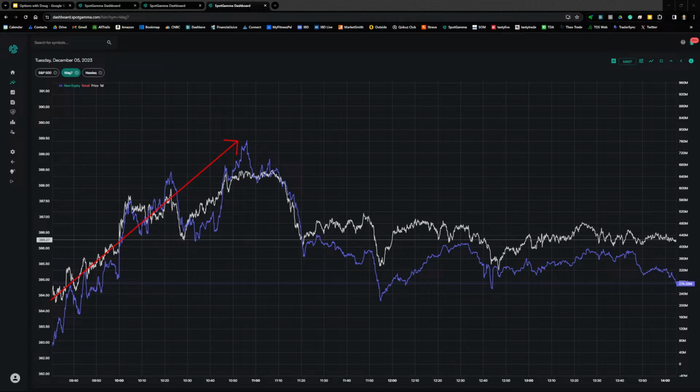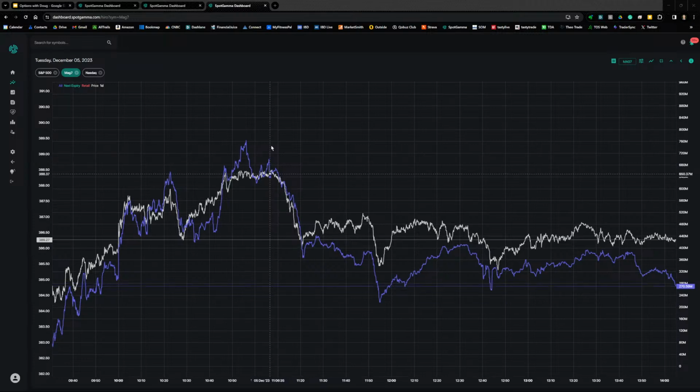And that move lower in the S&P 500, and we'll see in NASDAQ in a minute, was about 11:07, right around here. And note, before that, the hero signal for the Magnificent 7 made a lower high. So a little bit of a leading indicator on that sharp drop lower.